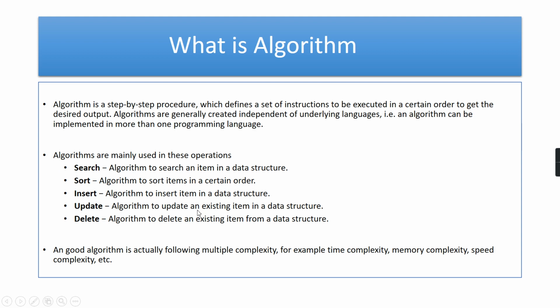A few famous algorithms are mainly used for these operations. One is the search operation. If you want to search any particular data or set of data in your data structure, you can implement an algorithm for it.